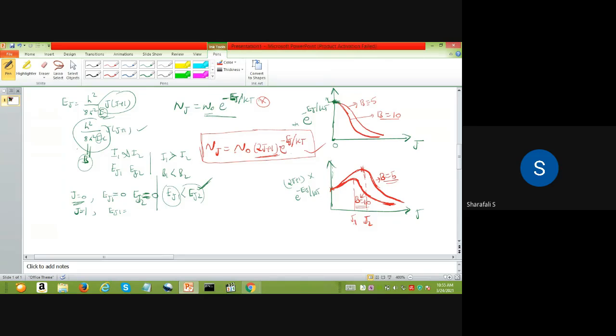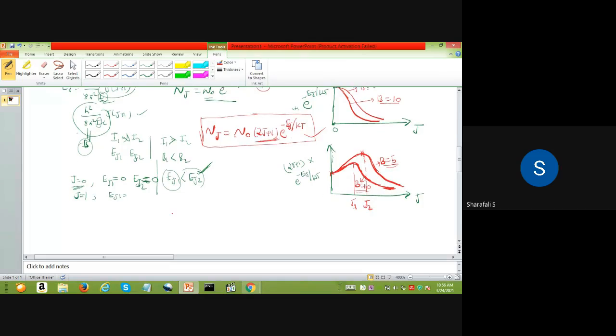Now what will be the maximum population? It is given by dnJ. This nJ value should be maximum.